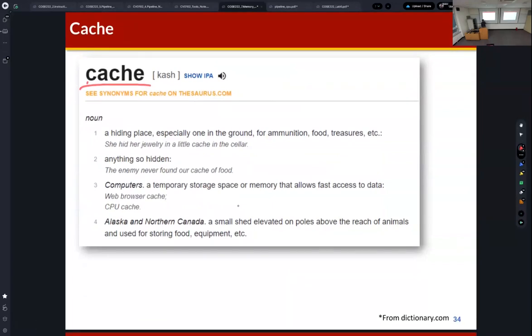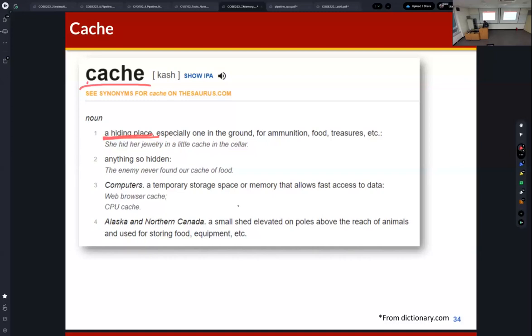So this is the definition of cache. So actually, the normal definition of cache is the hiding place. Okay. So in Korean, the cache means the kind of 비밀 금고, so it's a hiding place for some secret money.